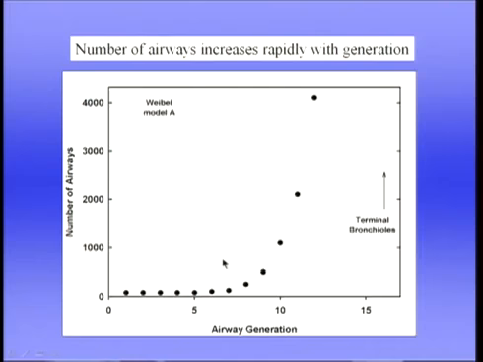Again, those of you with a mathematical turn of mind may see that really all we're saying here is that the number of airways is equal to 2 to the power n, where n is the airway generation, because each airway divides into 2 daughter airways. The airways undergo dichotomous branching, as it's called.